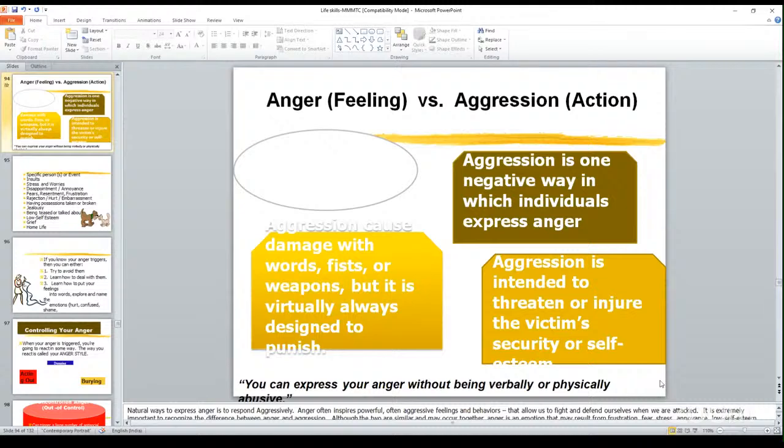Aggression can have a lot of negative impact, like damage with words, fists or weapons. But aggression is basically a way to manage your anger, mostly in a negative way rather than a positive way. But some people can express their anger without being verbally or physically abusive. Sometimes we refer to that as the silent part of it. So that also can happen.